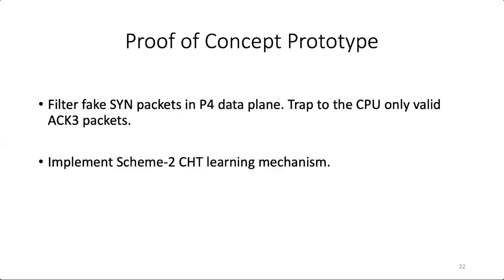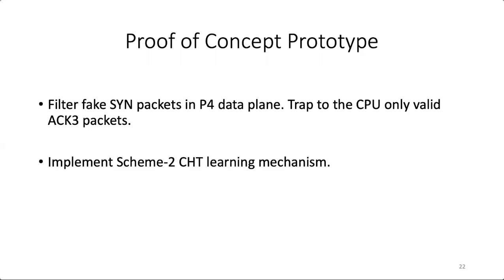In the paper, we presented a proof of concept prototype. In this POC, we implemented the Scheme 2 CHT learning mechanism and used it to filter fake SYN packets. The implementation was done on a Spectrum switch in a P4 programmable pipeline for defining the new hardware flow.